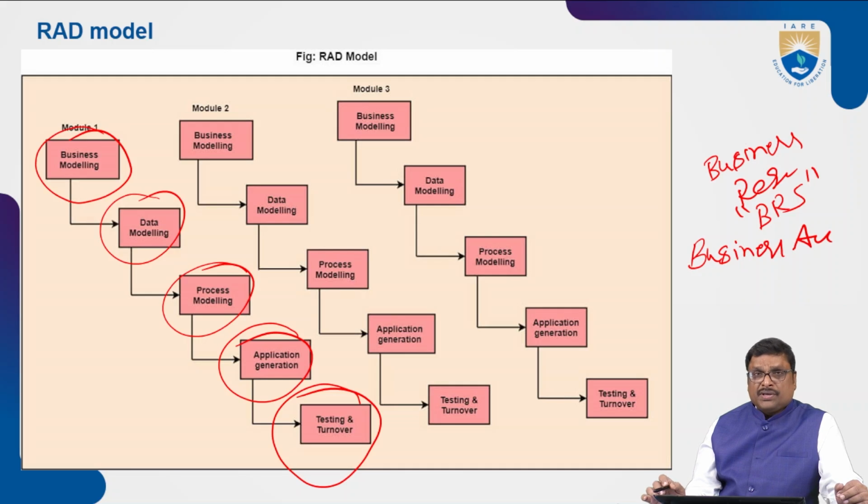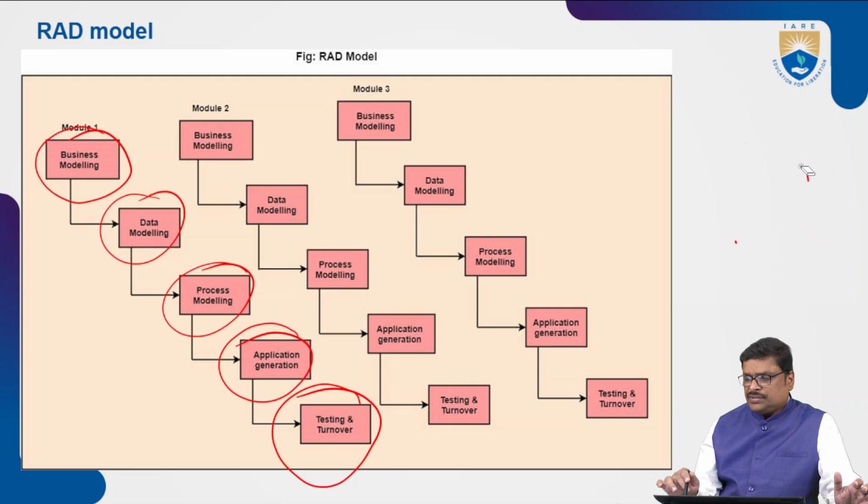He has to model the business. What type of modeling does a business analyst do? You need to understand what type of business the software system is going to serve, so I have to analyze that business.